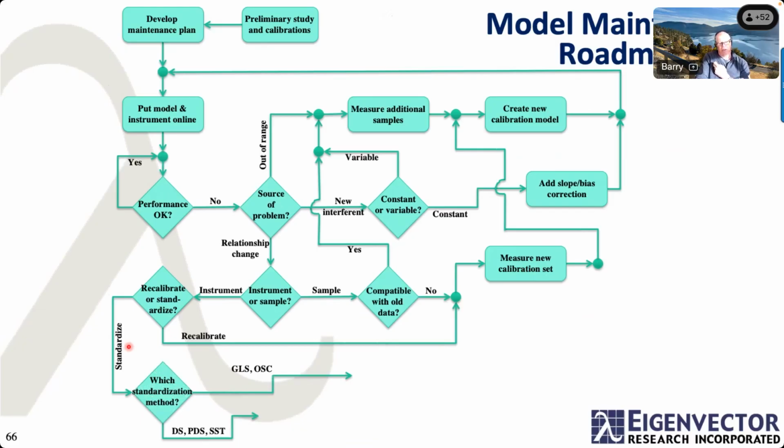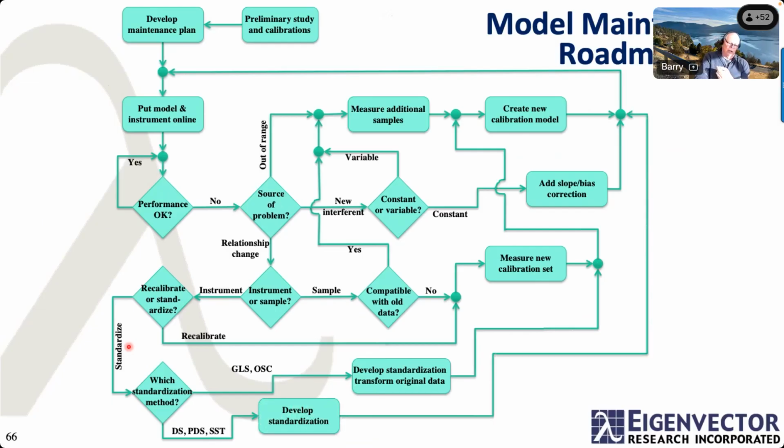If you use GLS and OSC, then you actually do have to develop a standardization transform on the original data, develop new models and put those online, but you can use new models based on the old data.